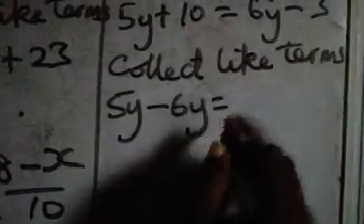We'll collect our like terms. So this will be 5y, bring this to this side, minus 6y equals, take this to this side, minus 3 minus 10. This minus this will give us minus y. We can't write minus 1y. So minus y equals this minus this will give us minus 13.